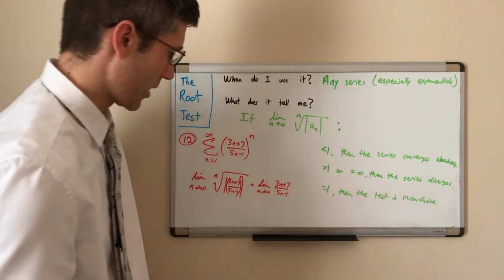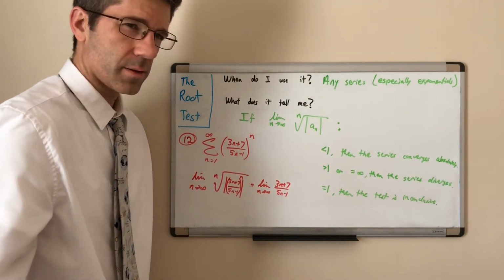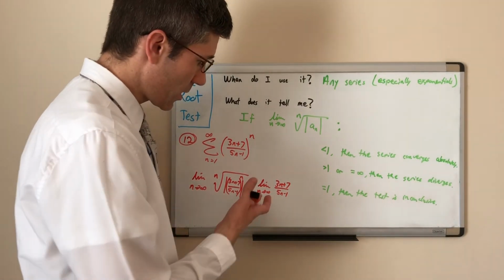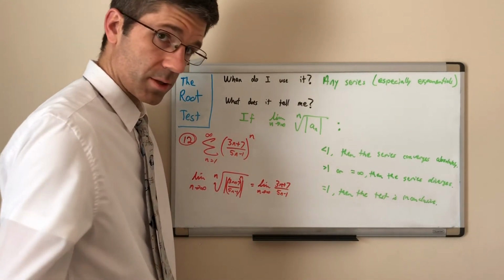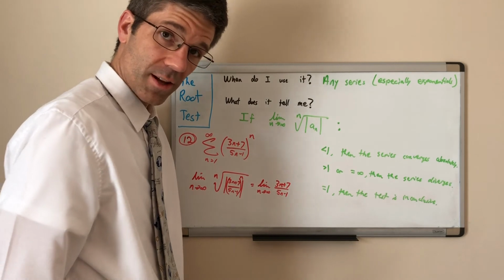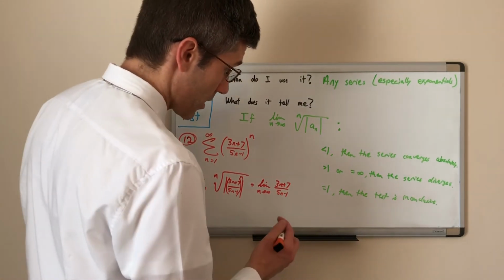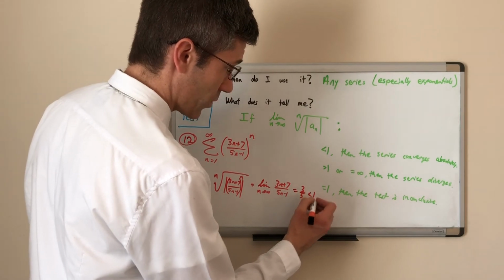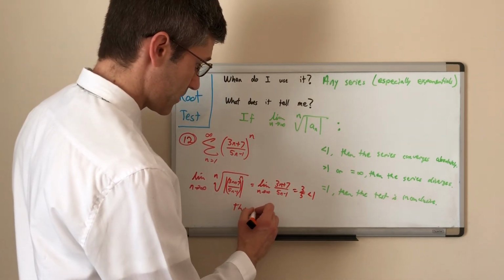The absolute value is there so you're not taking the square root of a negative. But basically, I'm going to use my common sense horizontal asymptote understanding here. So 3 over 5, right? 3 over 5 is less than 1, so the series converges.